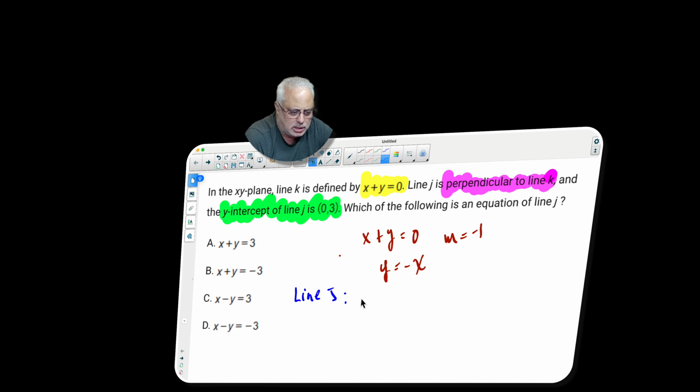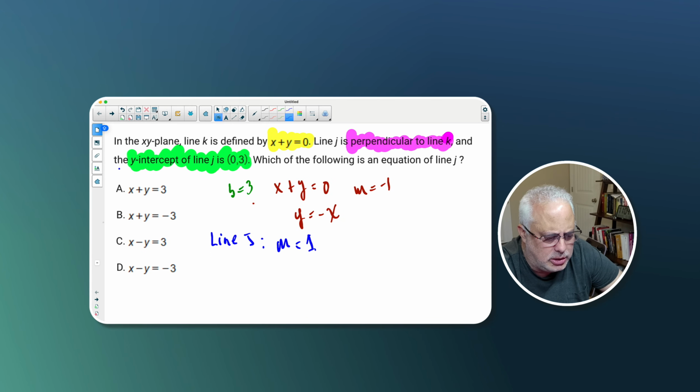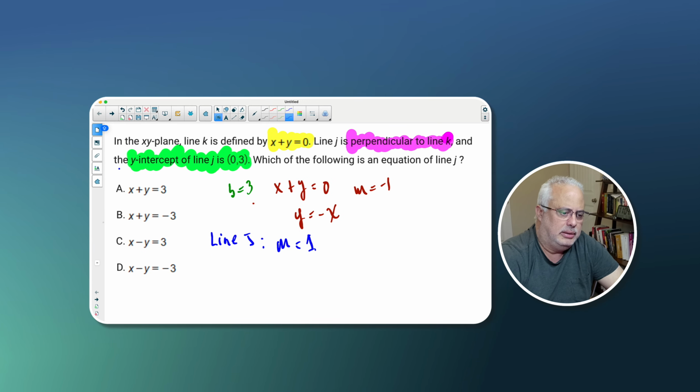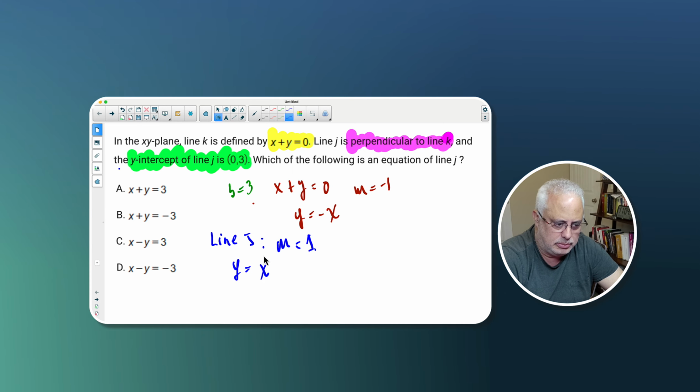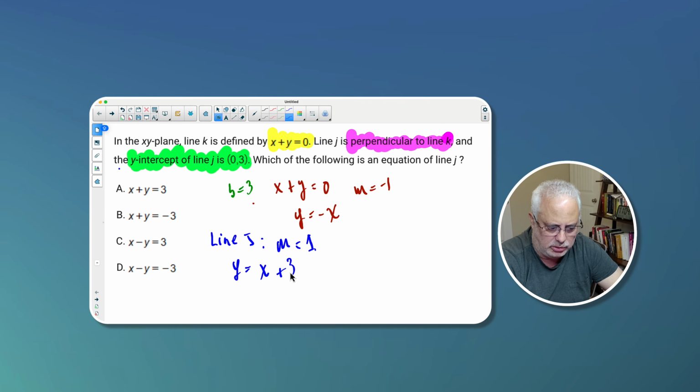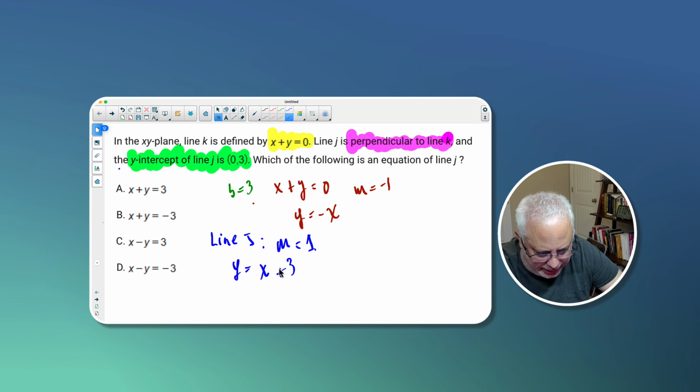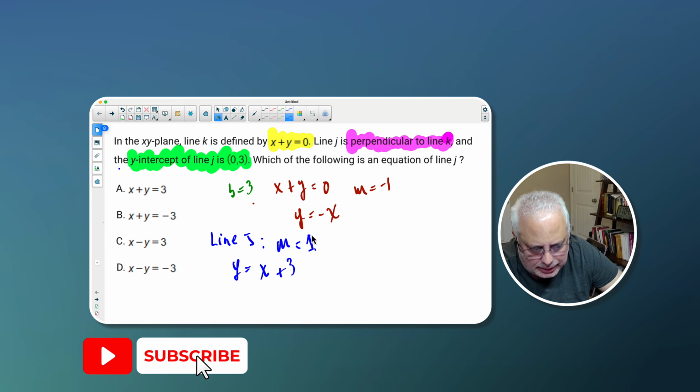So no choices: the slope here is 1, because that's the only way that -1 times 1 is equal to -1. Now we are ready to write the equation of line J. The equation of line J is y equals 1x plus 3, where 3 is the y-intercept. Done. So this is line J, perpendicular to line K.